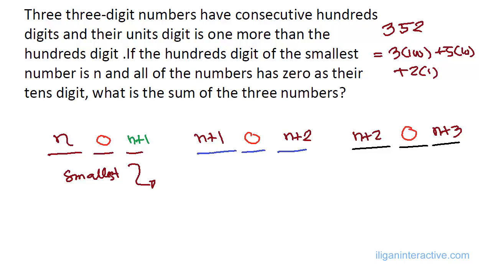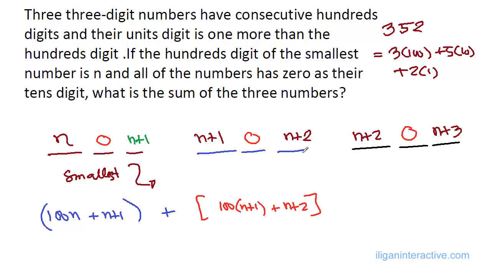So for this case, this will just be n times 100, or 100n, plus 0 times 10, plus n plus 1. Okay? So this is the first number. The second number, which is this one in red, will be 100 times n plus 1, and then plus n plus 2 times 1, which is the units digit.